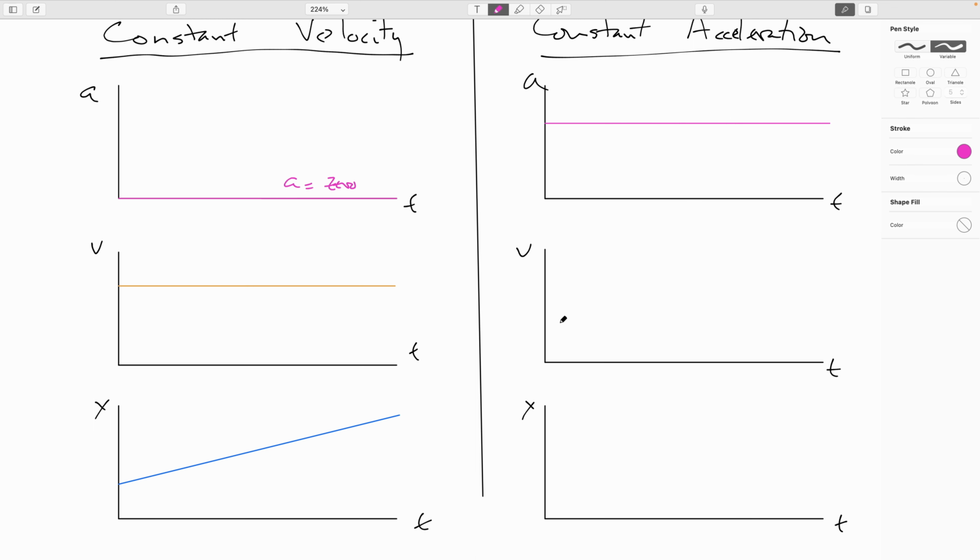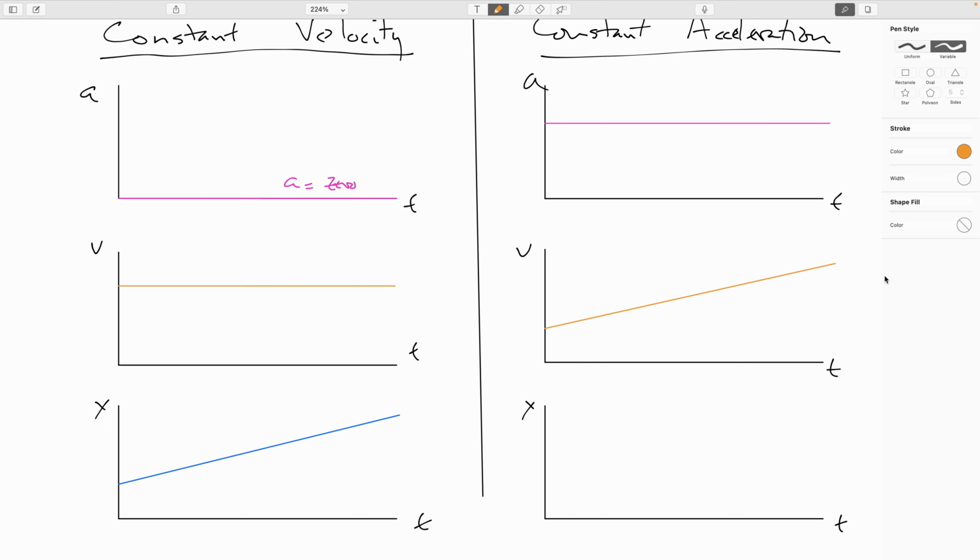Well, again, it's the same deal. The acceleration is the slope of the velocity time graph. So if this never changes, it means the slope of this never changes. So you're going to end up with something that looks like this, just constant slope. But now here's where it's a little trickier.